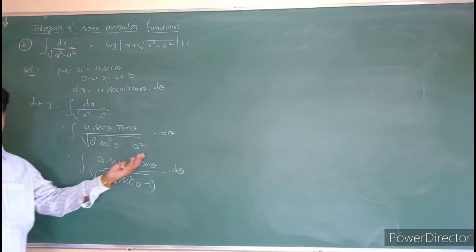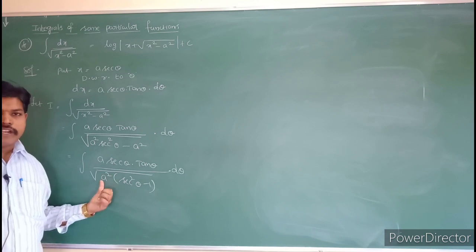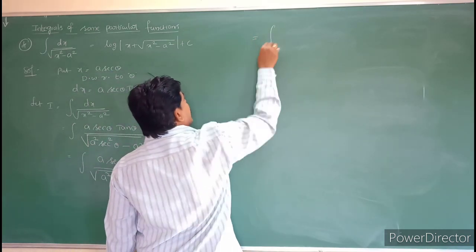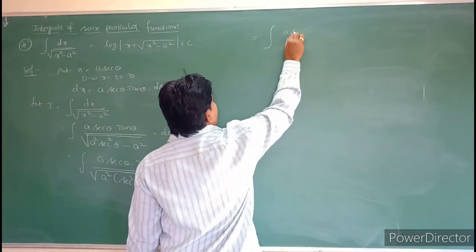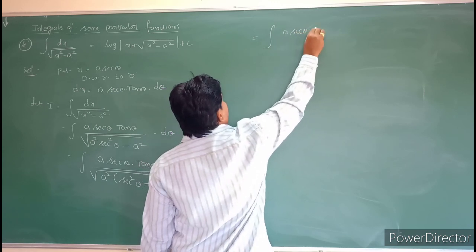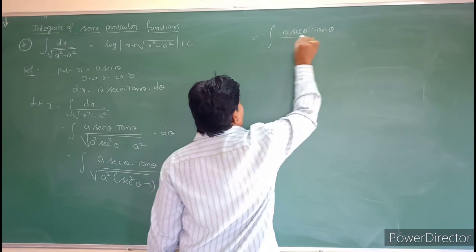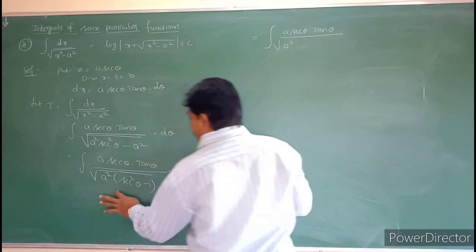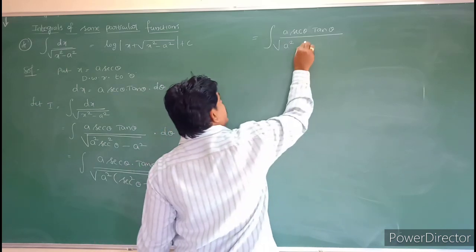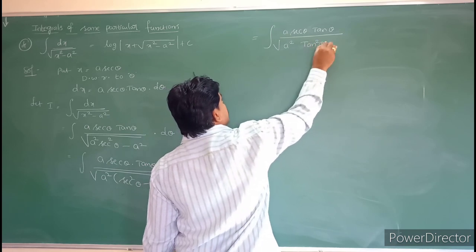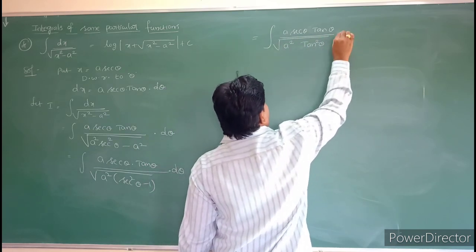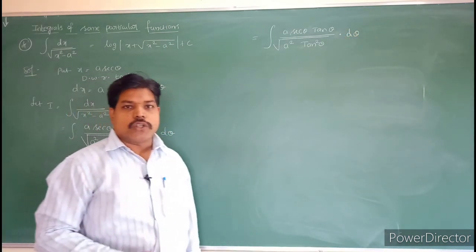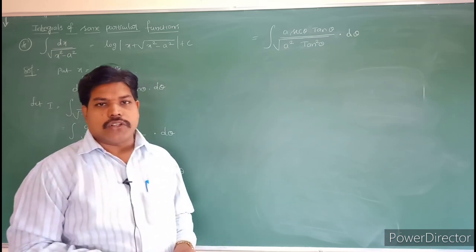It will become root of a square into secant square theta minus 1. Secant square theta minus 1 is nothing but tan square theta. If anyone has a doubt, write down the formula: secant square theta minus tan square theta is equal to 1, so secant square theta minus 1 is equal to tan square theta.